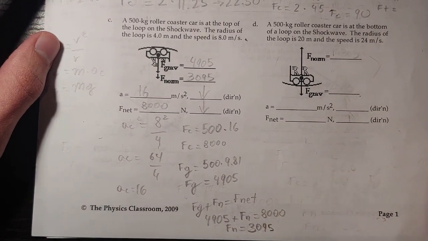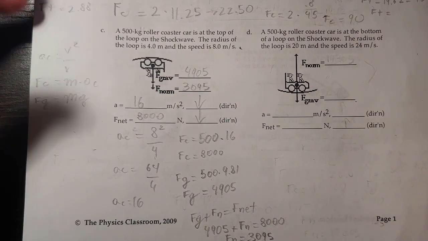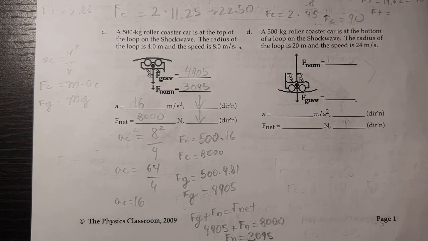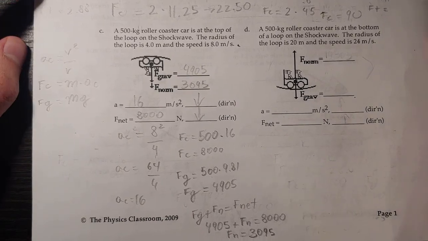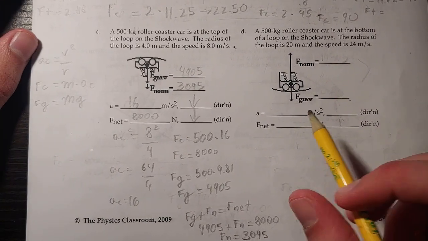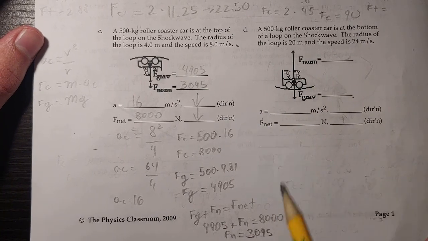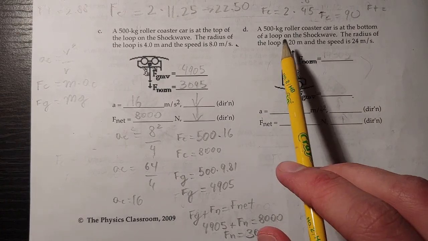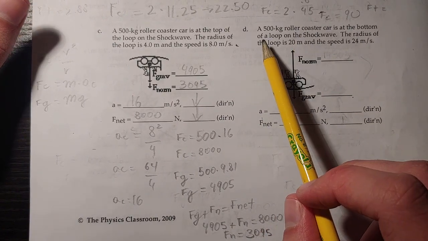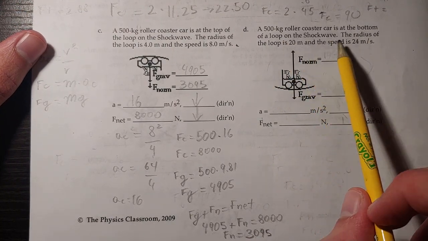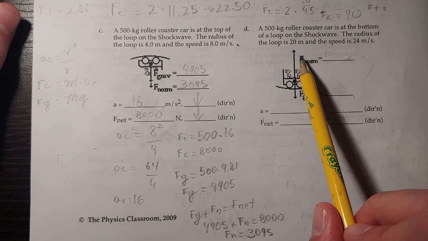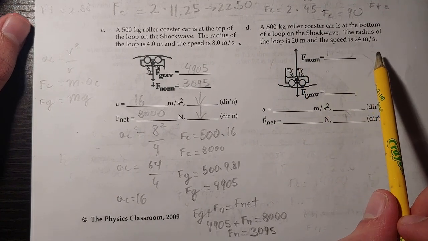So now let's go to question D. As I said before, it's very similar to question B, because both forces are going in opposite directions now. So let's start figuring out the acceleration. For that, we of course have to read the problem first, right? A 500 kilogram roller coaster car is at the bottom of a loop on the shock wave. The radius of the loop is 20 meters, and the speed is 24 meters per second. Okay.